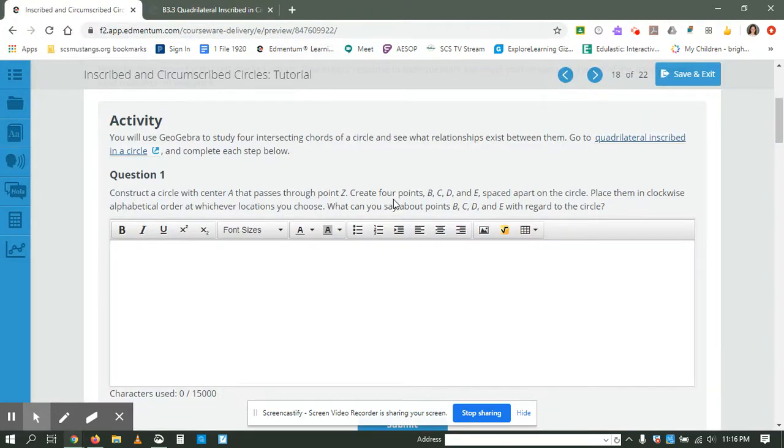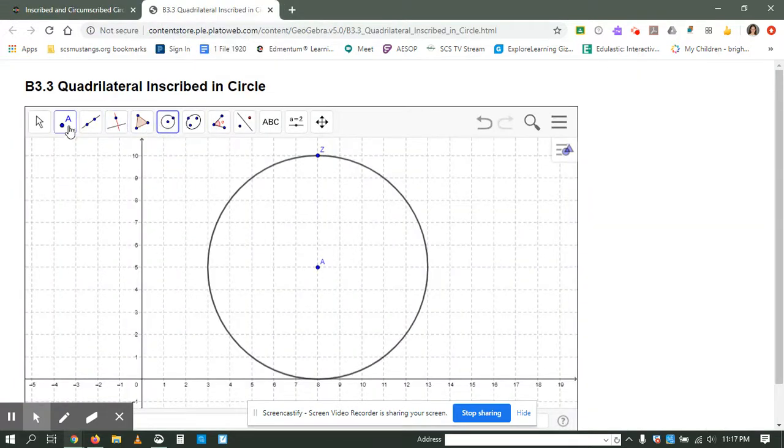Then it says create 4 points B, C, D, and E spaced apart on the circle. It doesn't say how spaced, it just says spaced. So there's my B, C, D, and E on my circle.